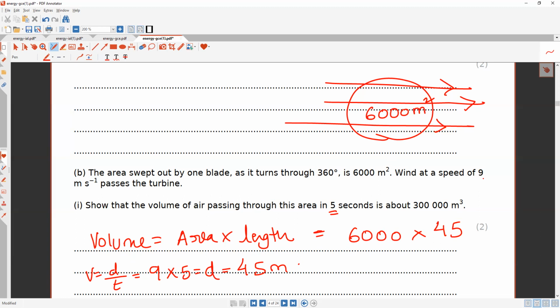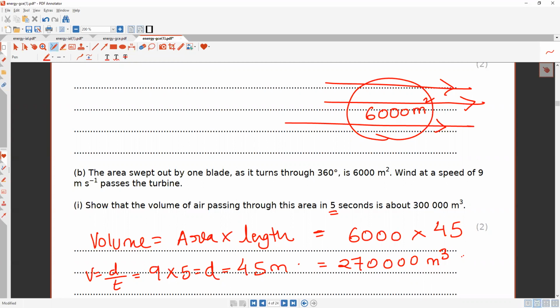So how much is it? Check. 45 into 6,000 is 270,000 meter cube, which is close to 300,000. Online, everyone understood that area into length concept you are supposed to know. At what speed is the air going in? 9 meters per second.